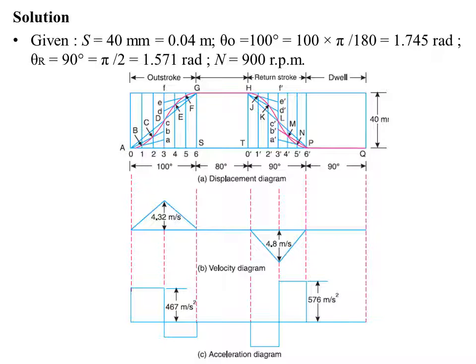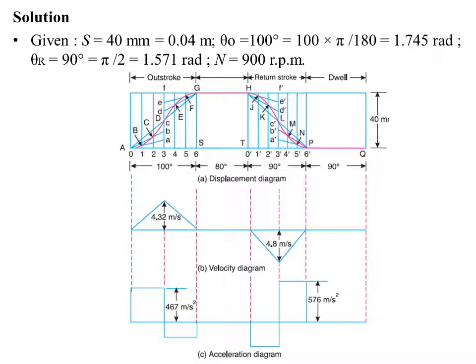The outstroke, 100 degree, is represented by AS, the dwell ST is 80 degree, then the return stroke T to P is 90 degree, and finally the dwell PQ is again 90 degree. All has to be represented as a horizontal line AQ, taking some suitable scale.